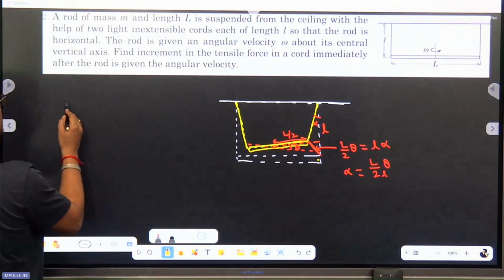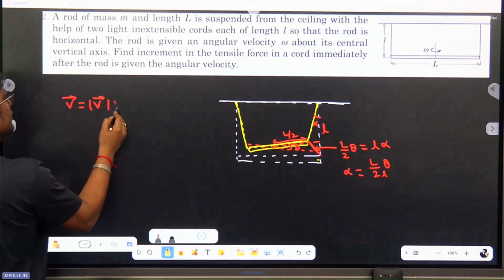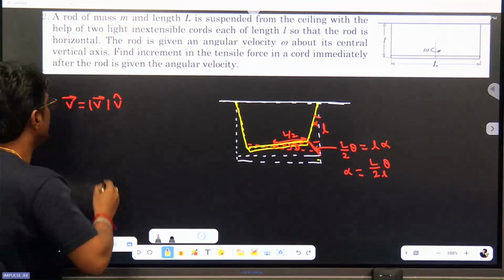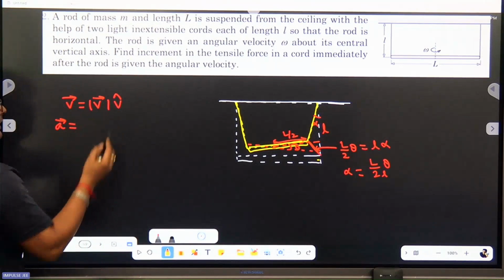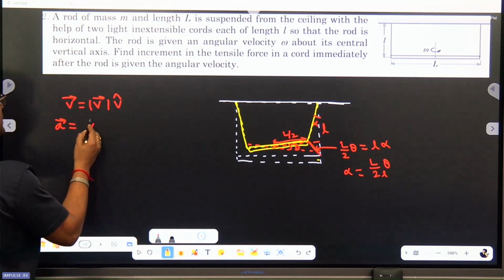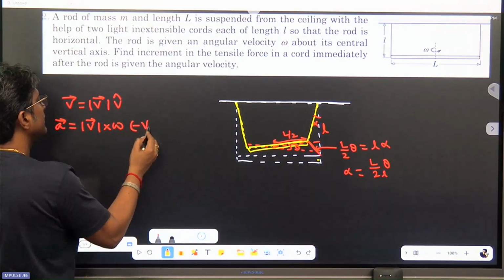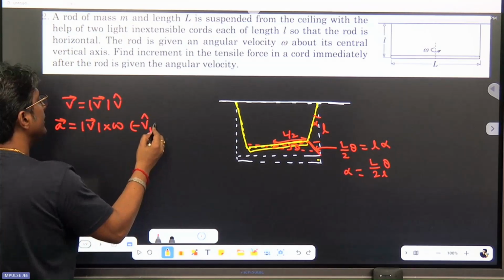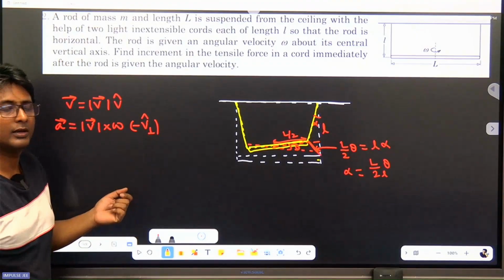Just after release it will change its orientation. So this is the case of changing orientation of the velocity vector. Like we have seen, if you have written the v vector as mod v times v roof, those who have attended the class can write the acceleration vector easily. If only v roof is changing, then this is nothing but mod v times omega times minus v roof perpendicular, जिसको हम लोगों ने माइनस आर रूफ भी लिखा था.